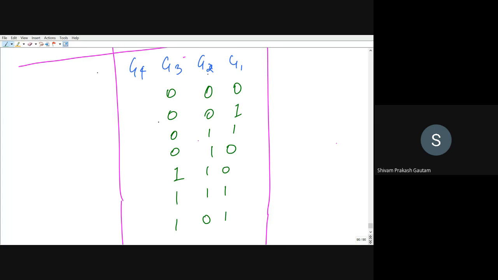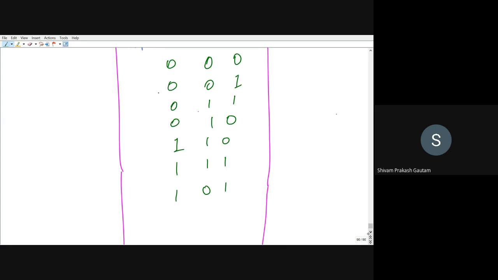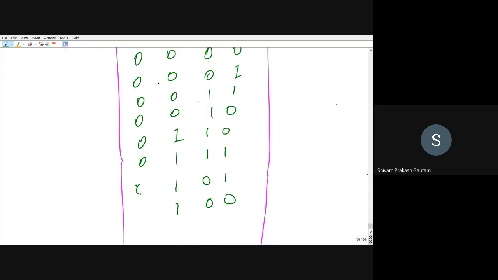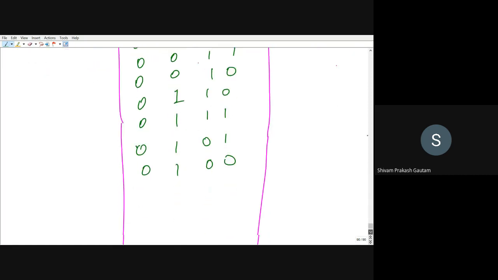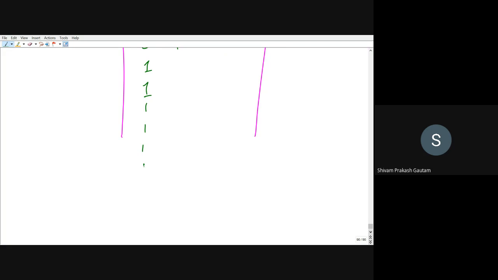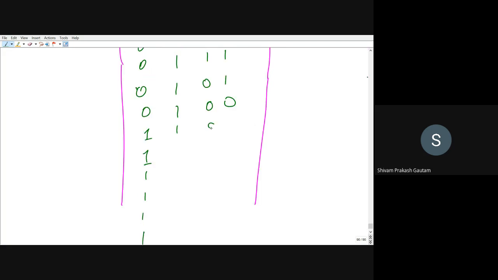Then for the 4th bit, this will be 0, and then we will have the mirror image, so 1 till 8th place, 1 2 3 4 5 6 7 8.